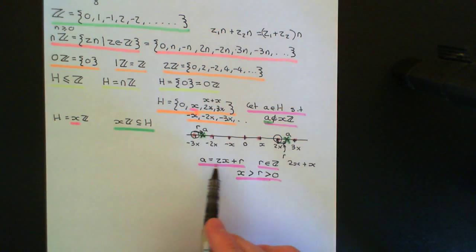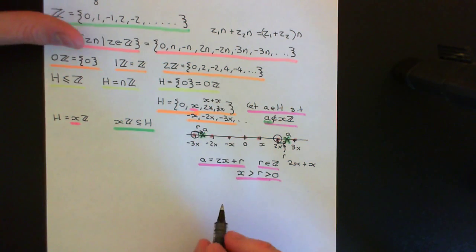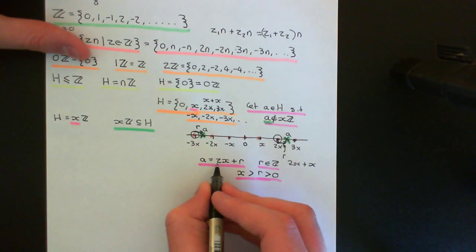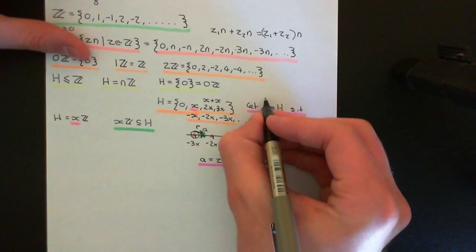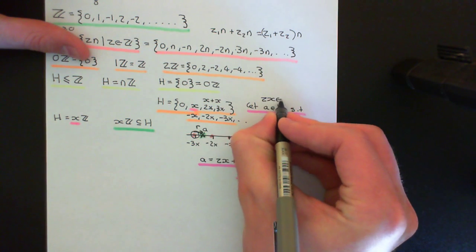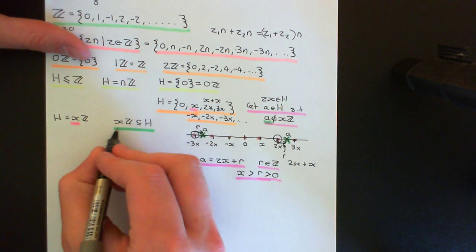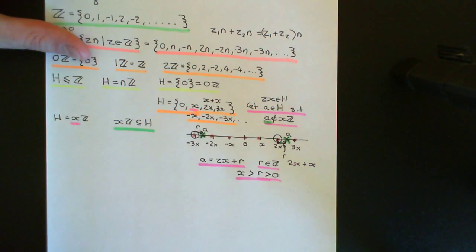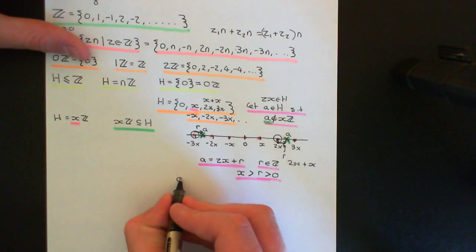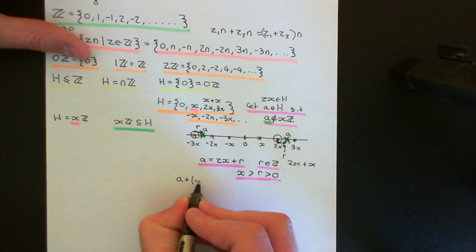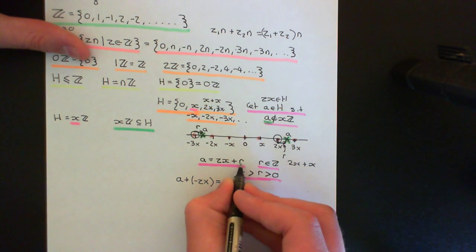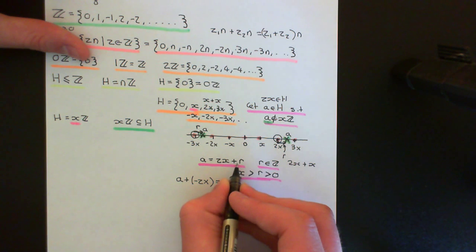Okay, and now this is important. Now, a is assumed to be an element of our subgroup capital H. We have now shown that z times x will also be an element of capital H. So that's this portion over here. Okay, x was an element of capital H, so all integer multiples of x were an element of capital H. So now if we consider what is a plus the additive inverse of z times x, that is equal to r in the larger ring of integers.